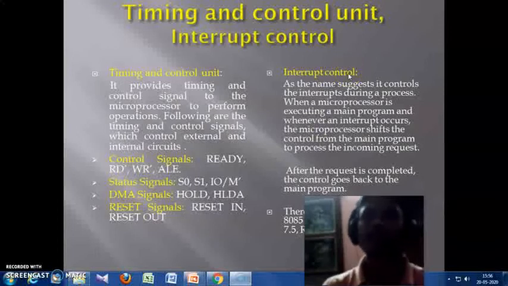Next is the interrupt control. Now first we have to learn the interrupt. What is an interrupt of a microprocessor?